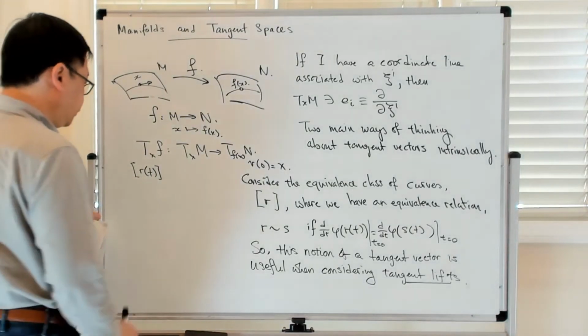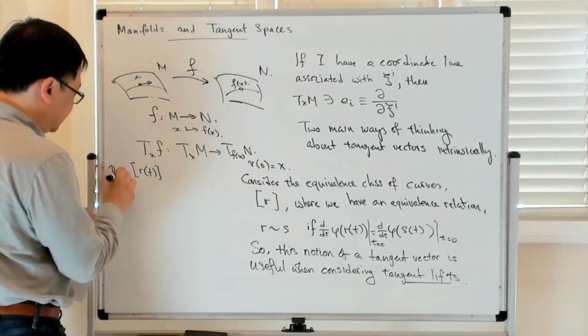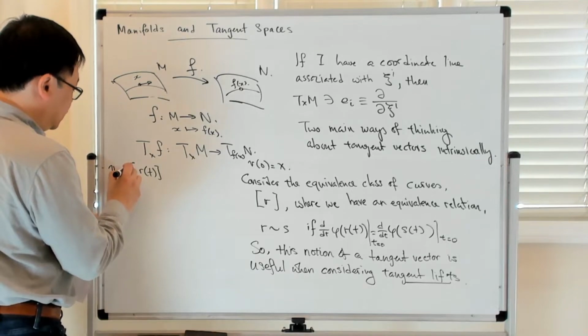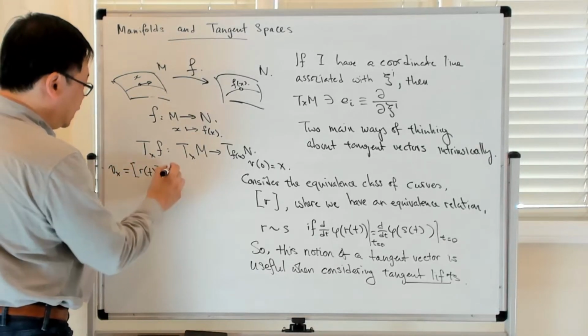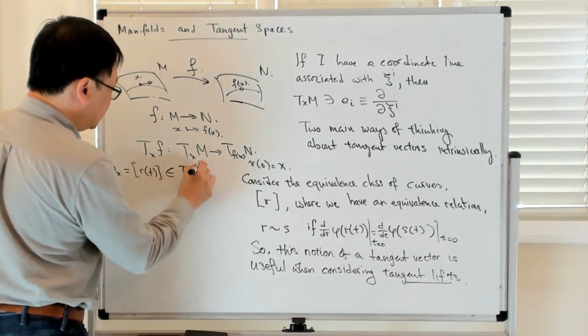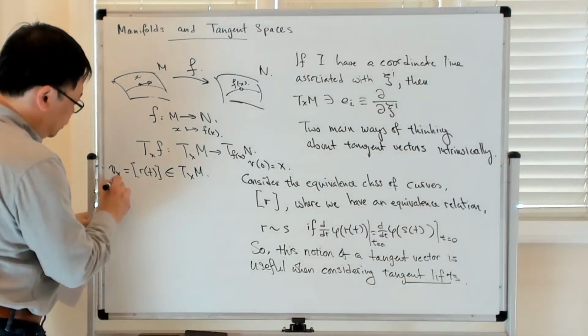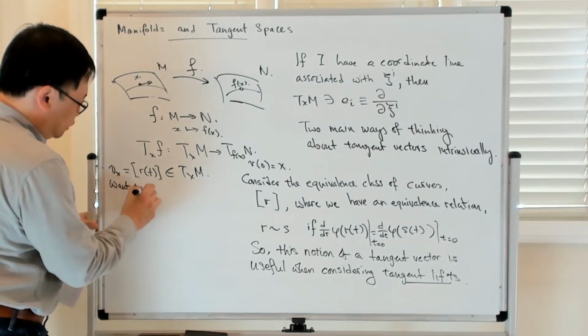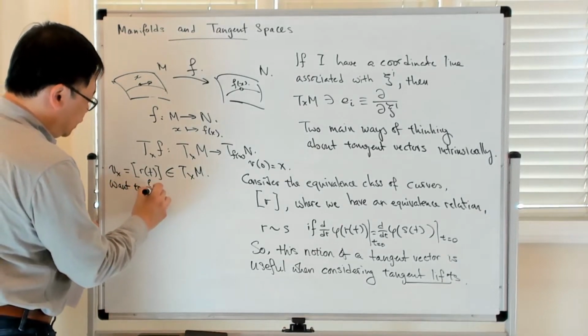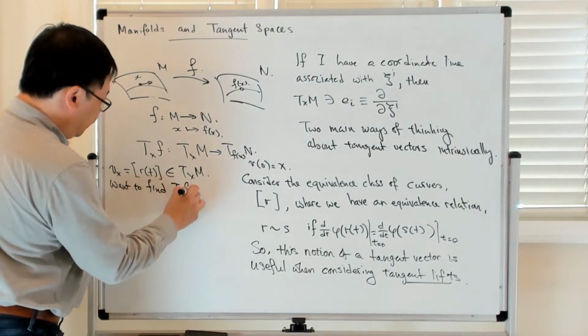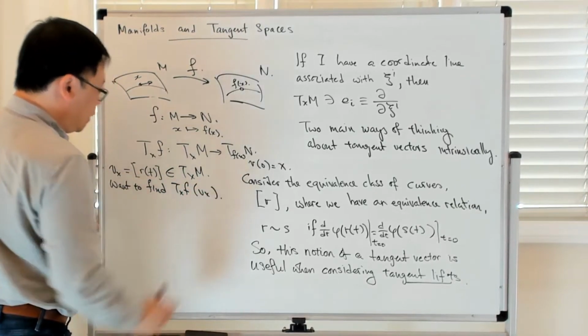So v_x can be viewed as this equivalence class, which is an element of the tangent space at x to M. I want to find T_x f applied to v_x.